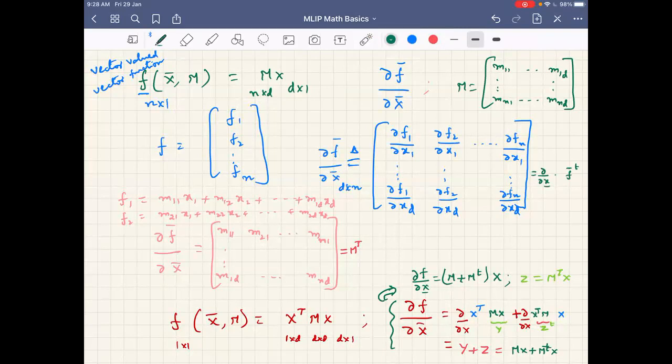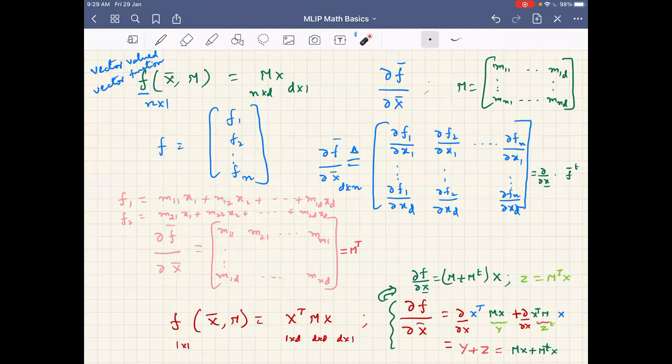then in the bottom, where you have written in red color, dou x by dou x bar equals dou x bar by dou x into Mx. During that time, we were trying to differentiate only dou by dou x into x bar. Here you are telling x transpose. Here, just above y plus z.